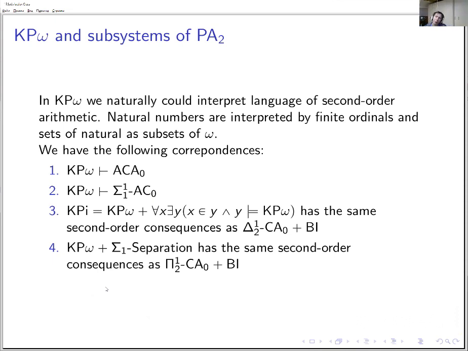And when we go to relatively strong fragments, and relatively strong here means fragments that are something like Π^1_1 comprehension and stronger. If people are familiar with reverse mathematics, Π^1_1 comprehension is the theory that sits on the top of Simpson's big five.